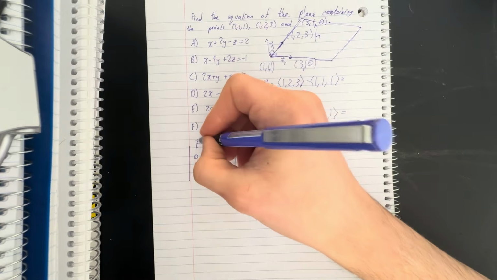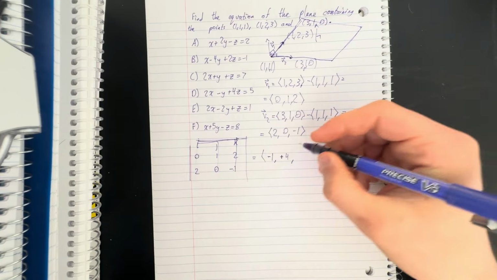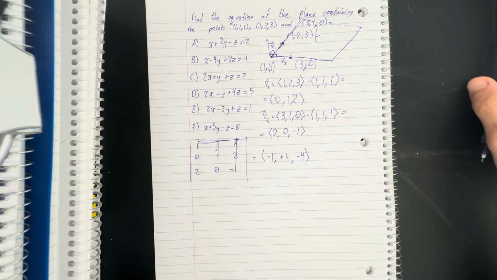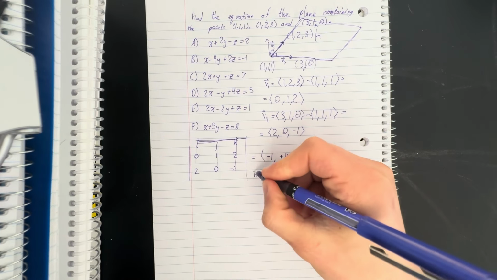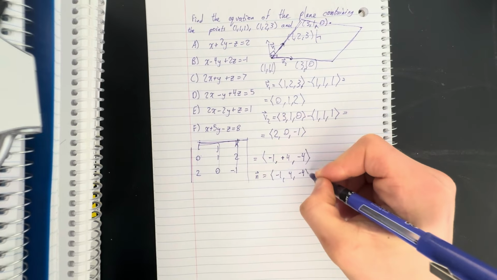And then for k, 0 times negative 1 is 0, minus 4. So your normal vector, just for clarity, is (-1, 4, -4).